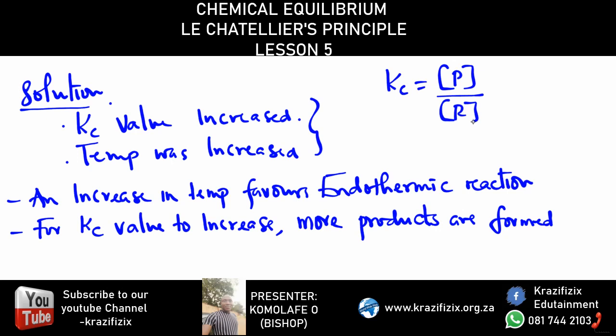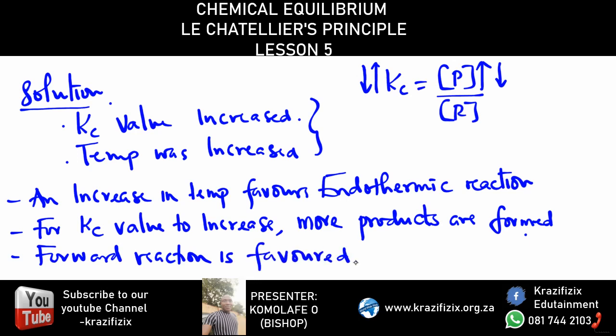Okay, so if this value increases, it means this value would increase. All right, and if this value decreases, it means this value will decrease. I hope it makes sense. Almost as they're directly proportional, but they're not. For Kc value to increase, more products are formed. For more products to be formed, forward reaction must be favored. Forward reaction is favored.